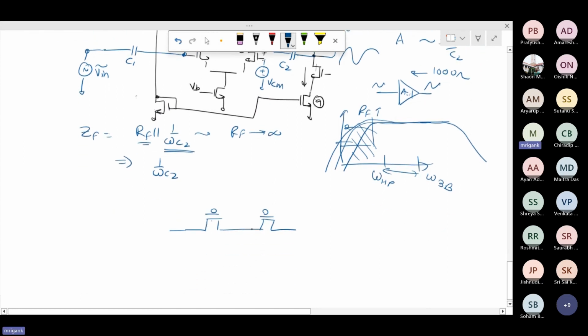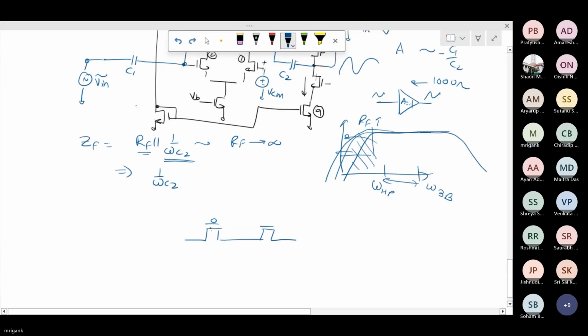So this goes something like this, wait a minute. You can use, say, PMOS transistors, and the gates will be connected to, there will be a circuit like this.